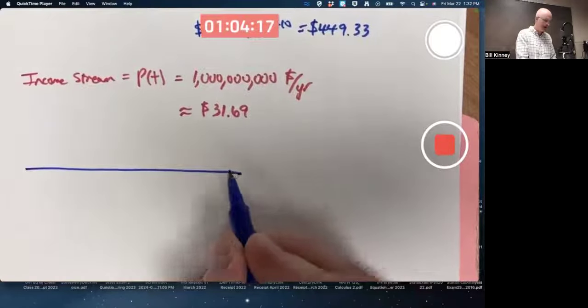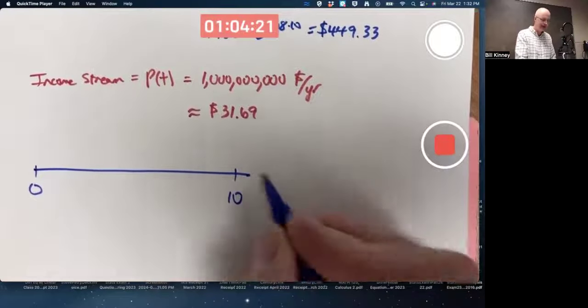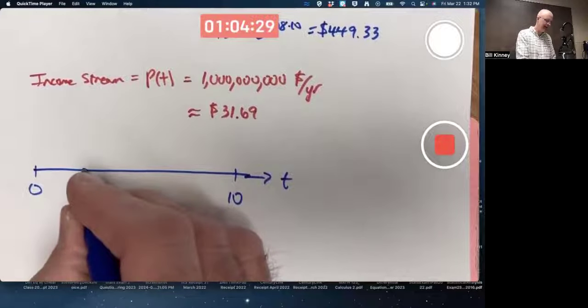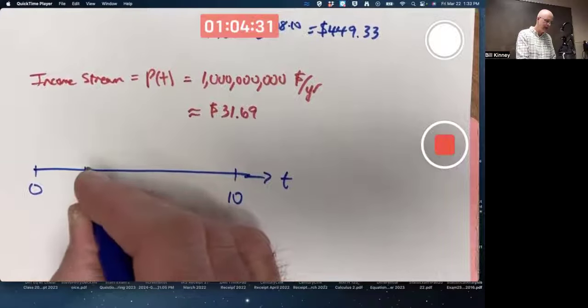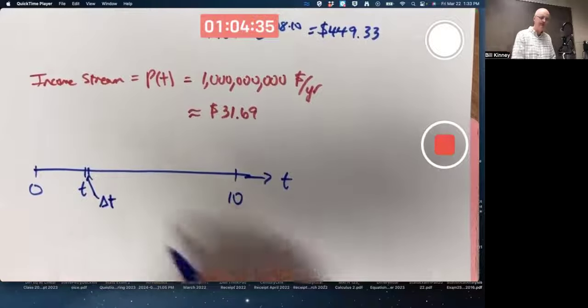Maybe it's helpful to draw a number line, a timeline from 0 to 10 years. And let's think about a small amount of money that comes into your bank at time t over a small amount of time of length delta t.